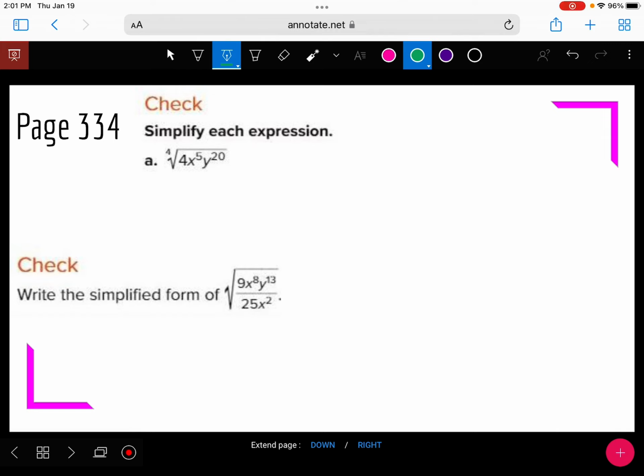Put your teeny tiny fours inside each of those check marks. I didn't write the little numbers before because that one was a square root, so we didn't have a little number. A square root has an invisible two there.